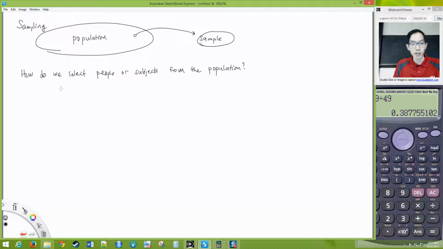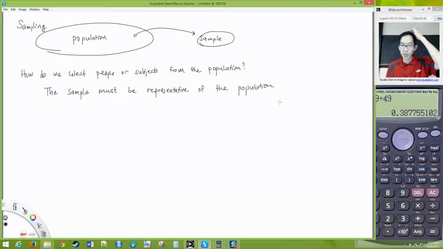Now, for us to do inference about the population based on the sample, our conclusions must be representative of the population if we want our inference to be valid.